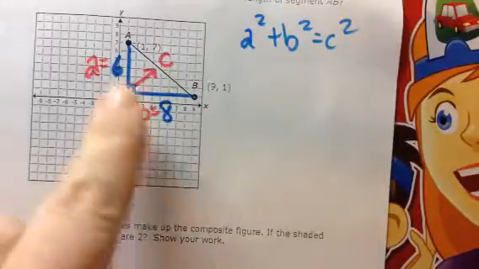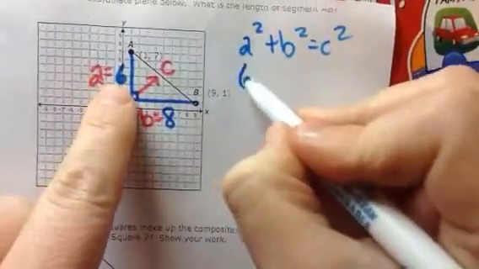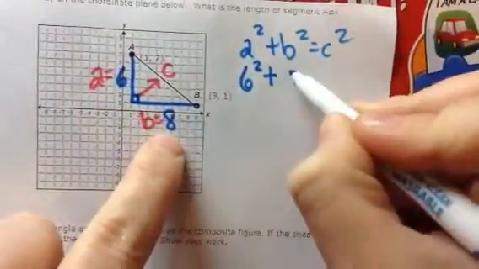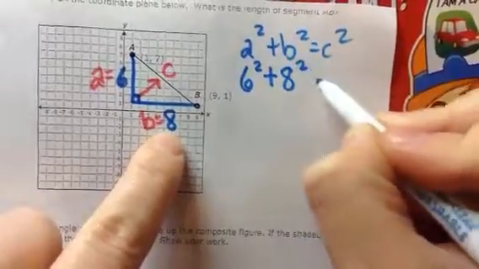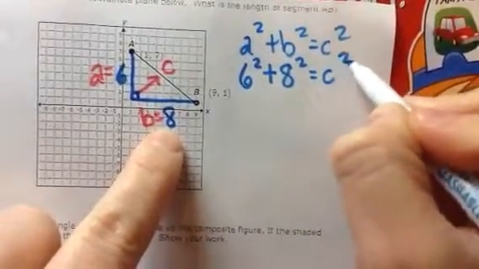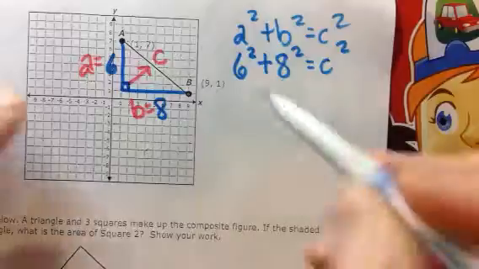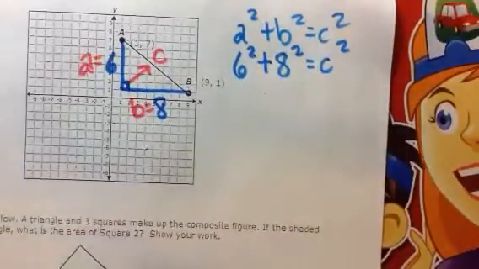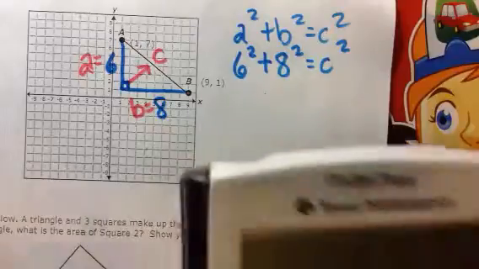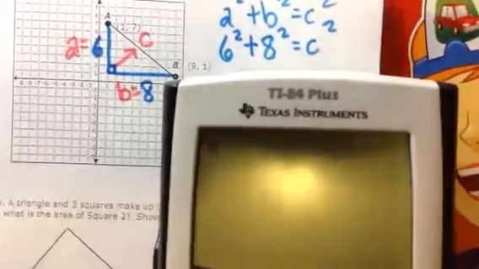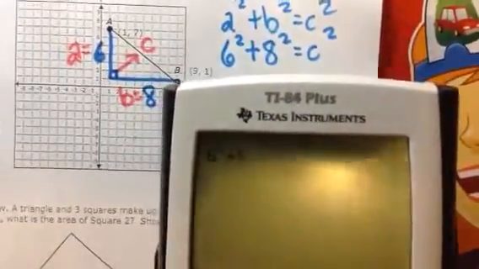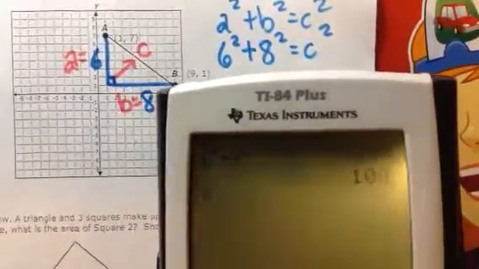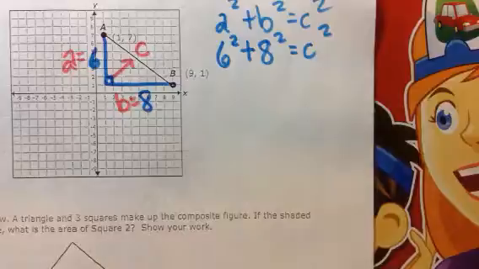So now I can fill in. For A, I have 6 squared plus B is 8 squared equals, I'm trying to find the C. These are both on the same side with a plus, so I'm allowed to type all that work in. 6 squared plus 8 squared equals 100.